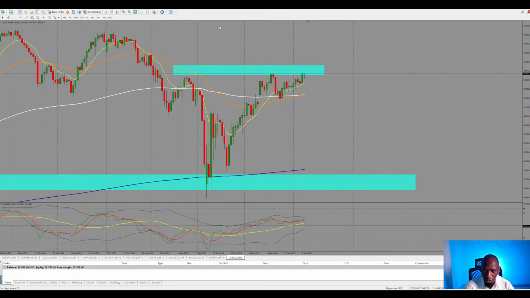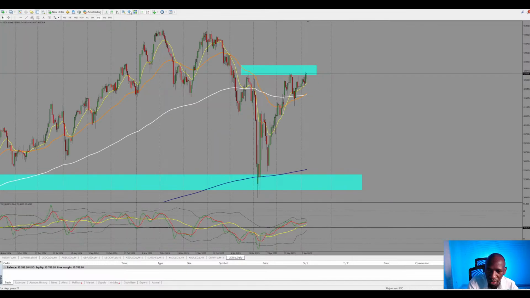Right, so what we're looking for is how price behaves at this point of interest. But in the meantime, there's no indication that price will be moving back up.